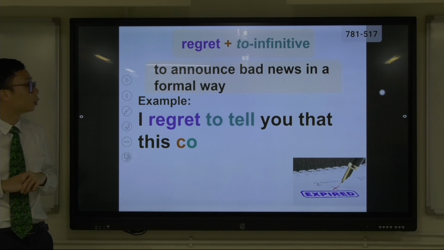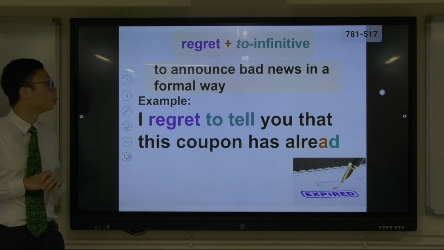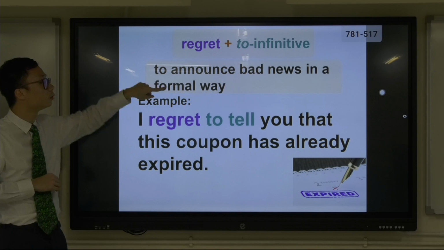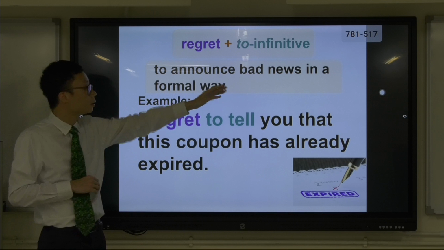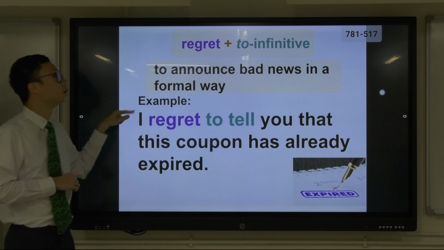Okay. Regret and then to infinitive means to announce bad news in a formal way. The word formal means official, so it is an official way of announcing bad news.